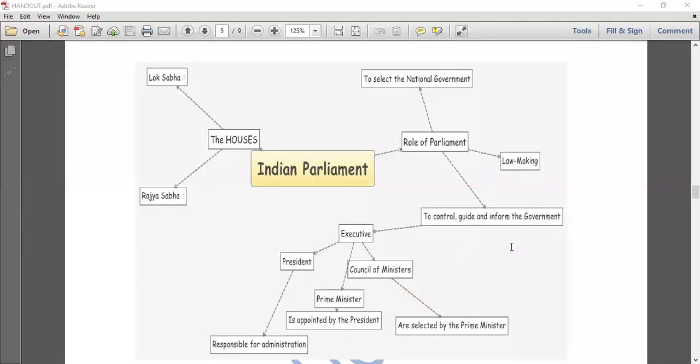There's one important thing that you need to keep track of: question hour, right? And what is this question hour? It is a session in the parliament where we actually ask the government to give exact information on what they are working on.